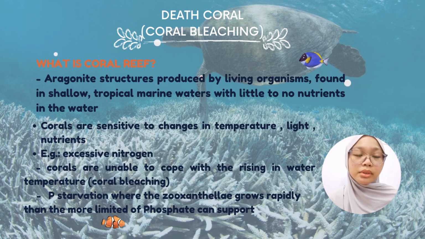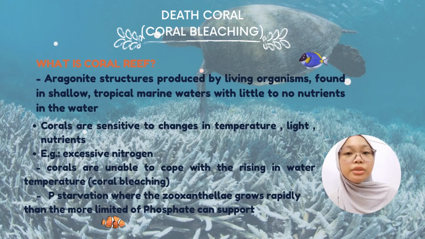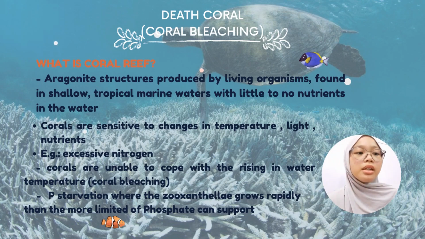Here are a few examples that may cause coral bleaching. This one is excessive nitrogen, where corals are unable to cope. Not all corals, because corals are unable to cope with the rising water temperature, which could lead to coral bleaching.